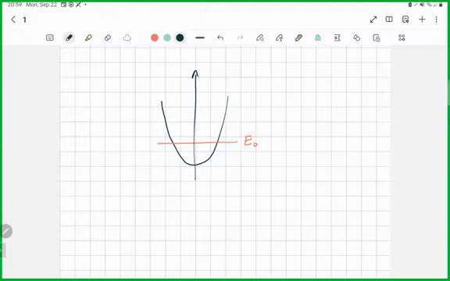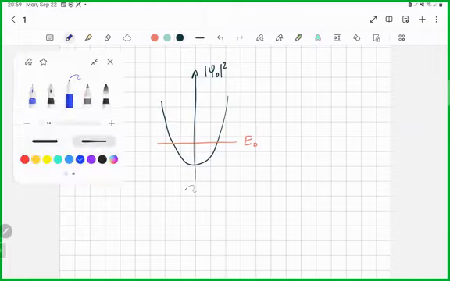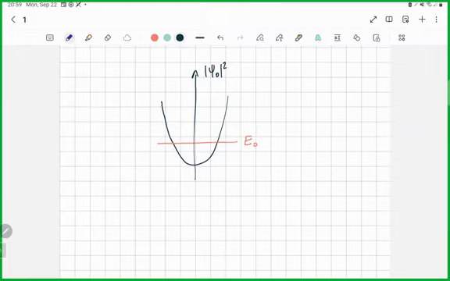The ground state is the most quantum scenario. So this was our potential. Let's call this the energy of the ground state. And if we make that plot for the probability density of the ground state, we had something like this with a tail.